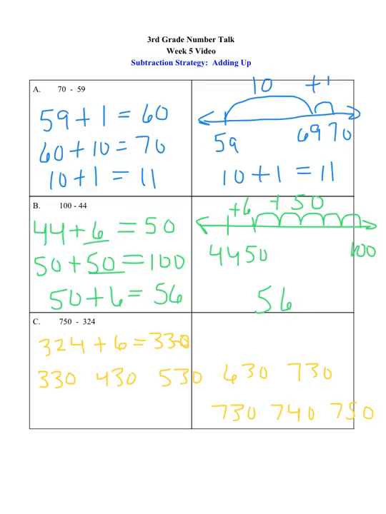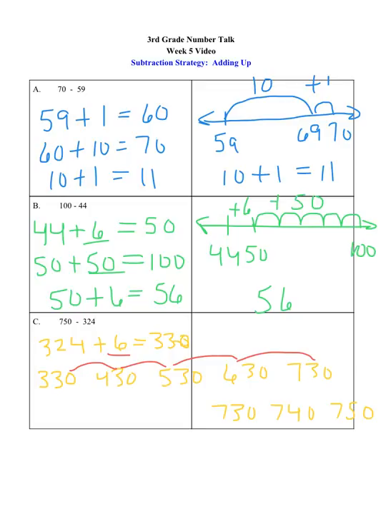So let's go back and think, what did we do to have that happen for us? Well, we first added 6 to 324 to get to 330. Then we went 100, 200, 300, 400.